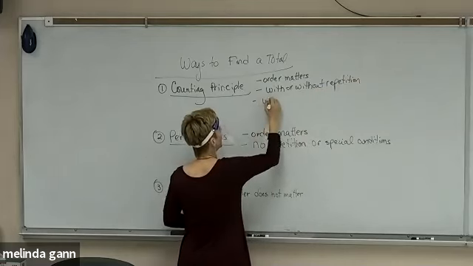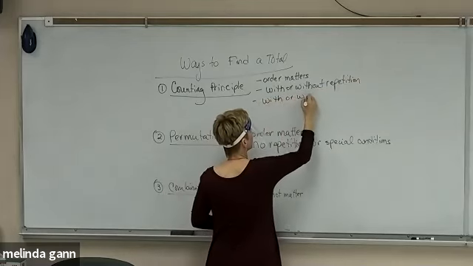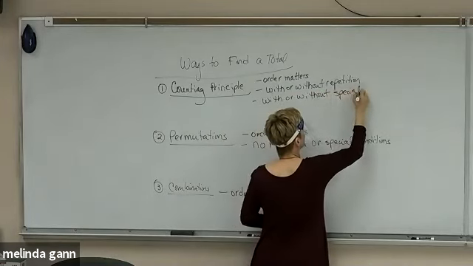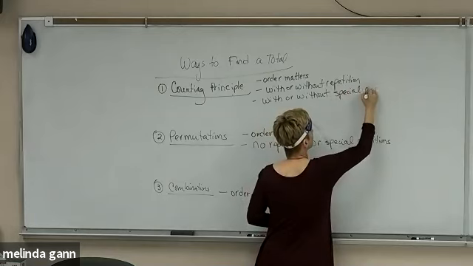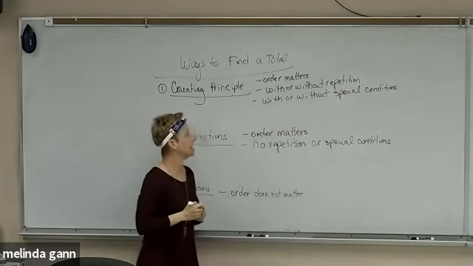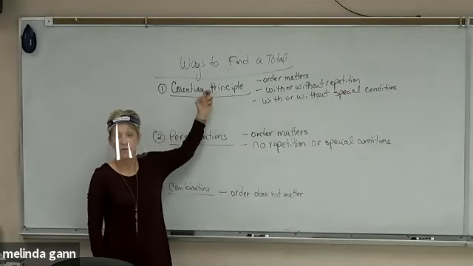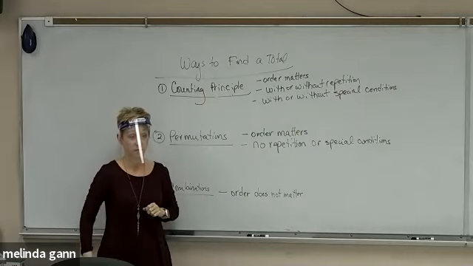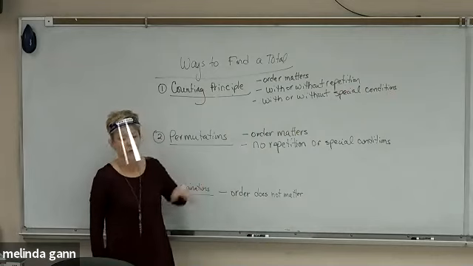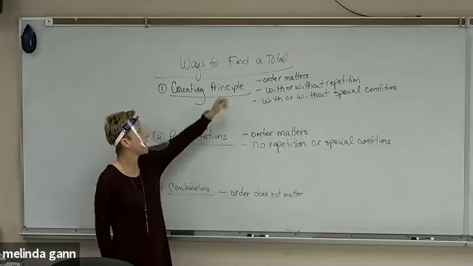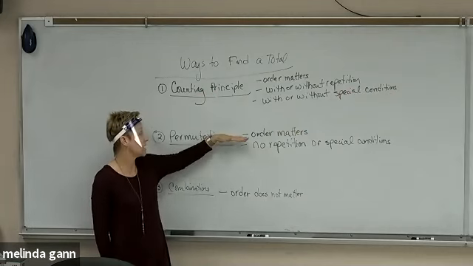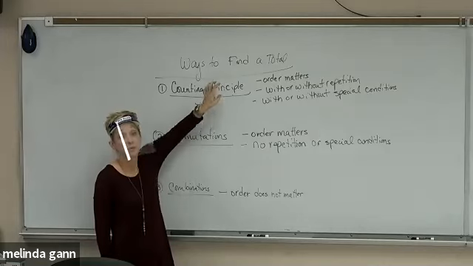And you can use it with or without special conditions. So what I need you to already notice is the counting principle is more versatile than permutations. It'll do everything that permutations is doing with the kind of problems you're going to be working out of your book and more. So if you're kind of fuzzy, should I do this one or this one, which one should you do?